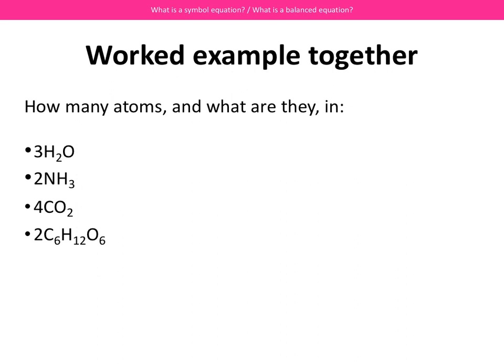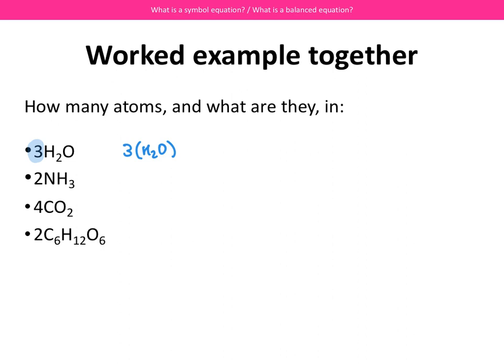This time we're looking at the same or similar formulae, but the one difference is we've got a number in front of the formulae. So a way of thinking about that is that it's like saying this. It's 3 of what's inside the bracket, so it's 3 of the formulae.